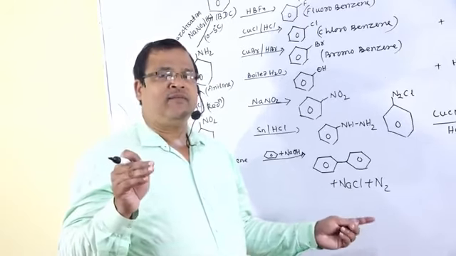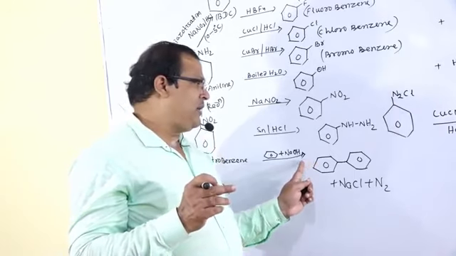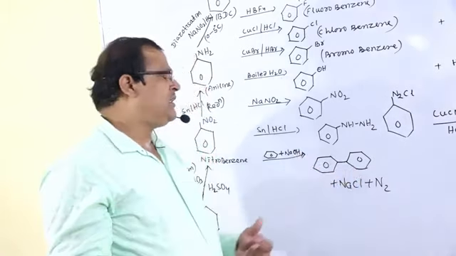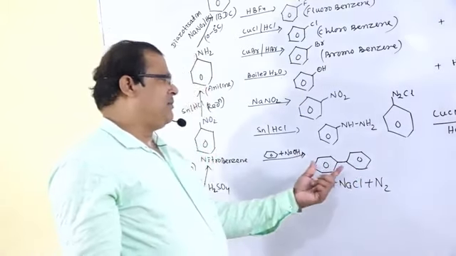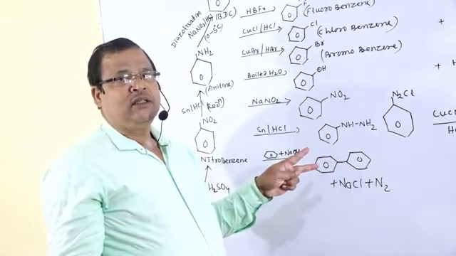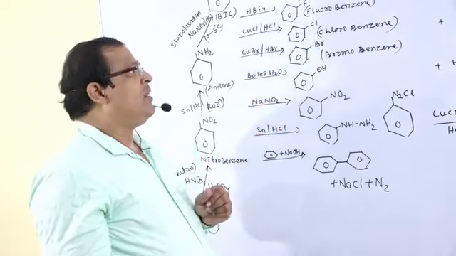And third method, BDC treated with benzene in presence of NaOH, there is the formation of biphenyl. This is one method, and the other two methods we have discussed in the alkyl and aryl halide chapter.